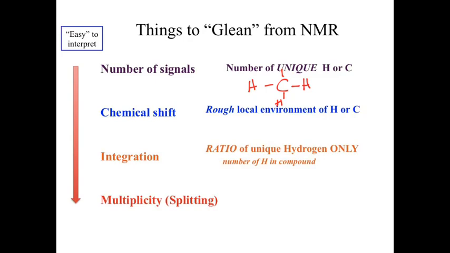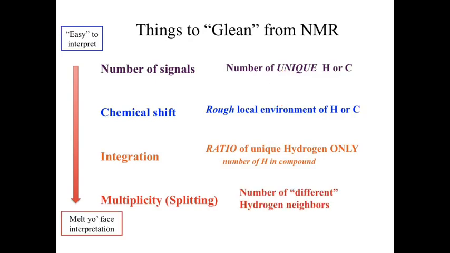That said, it only applies to hydrogen. Okay, we won't use our integration information in carbon NMR. So really only the first 2 things can we use in carbon NMR, and then the last 2 are only applied in hydrogen. The very last thing that we can look at, which is significantly more difficult, is the number of different hydrogen neighbors.